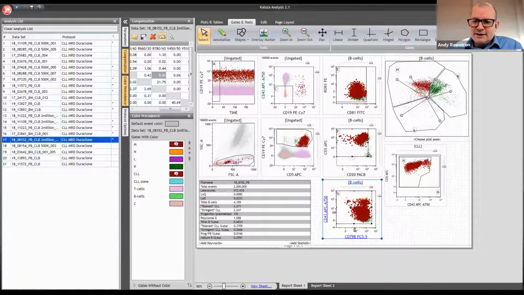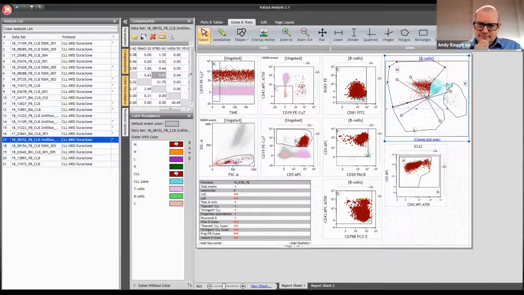Now, still looking at that, I think those are the normal B cells. I think all of these things in here are actually part of the CLL population. I'll give it 2 seconds just to update.